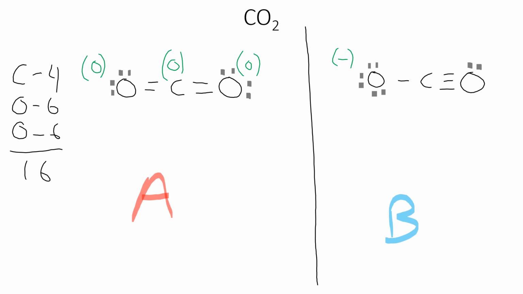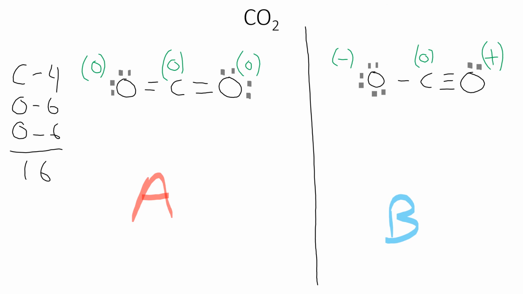The oxygen on the right in structure B would only have 5 formal electrons: 2 from the lone pairs, 1 from each bond would make 5. Well, we have 6 valence electrons for oxygen, so in structure B, the formal charge of the oxygen on the right would be +1. The carbon still has 4 formal electrons for a formal charge of 0.